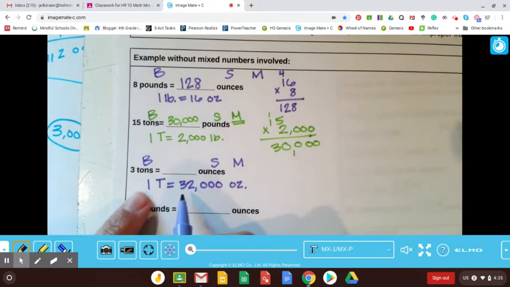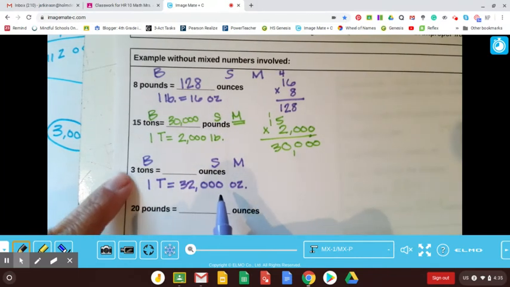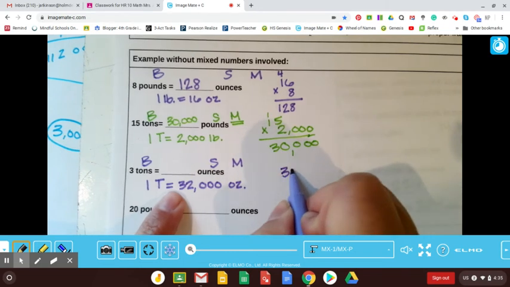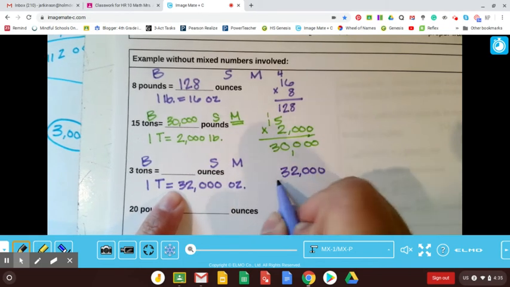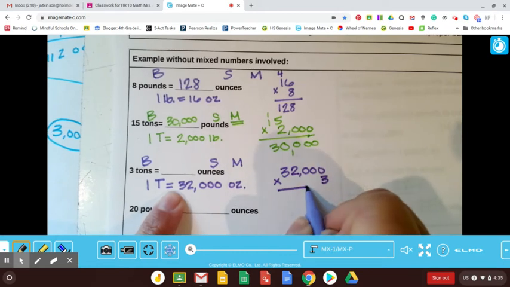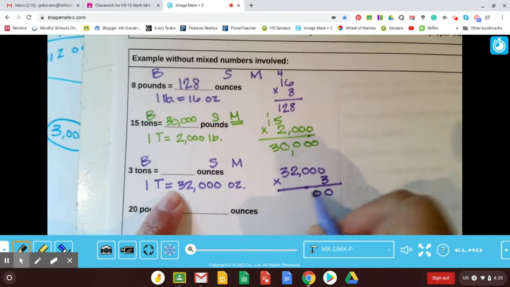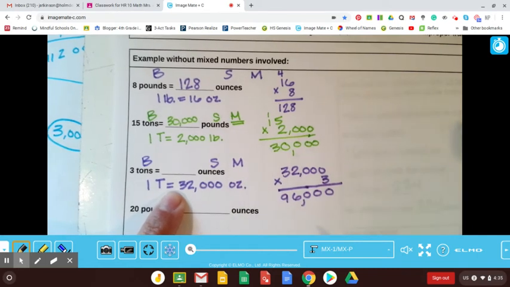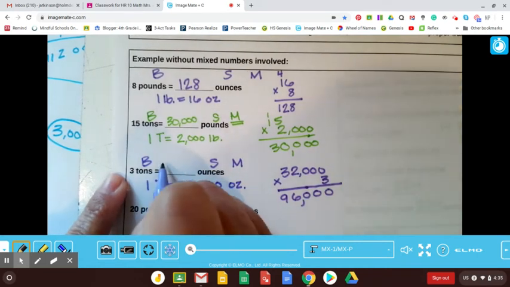So if 1 ton is 32,000 ounces, how much would 3 tons be? Well, I would have to multiply 32,000 times 3. And I get 96,000.